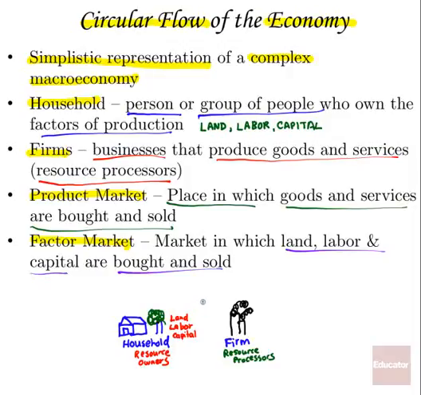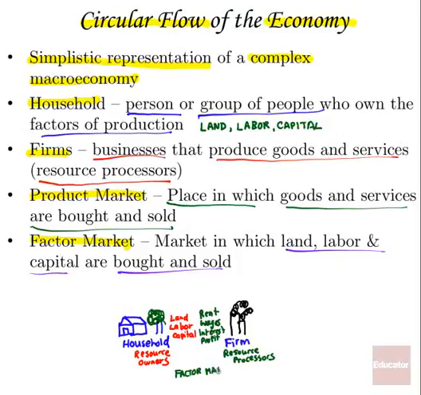They're the ones that basically drive an economy, the entrepreneurs of the economy. And so they can make money through rent, wages, interest, or profit here. So what goes on here in the factor market?